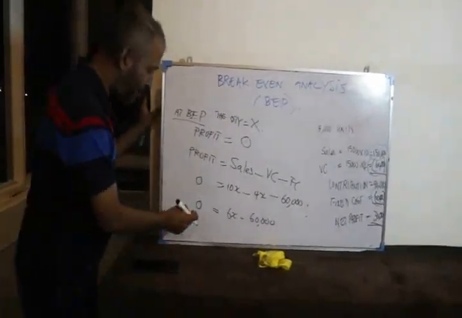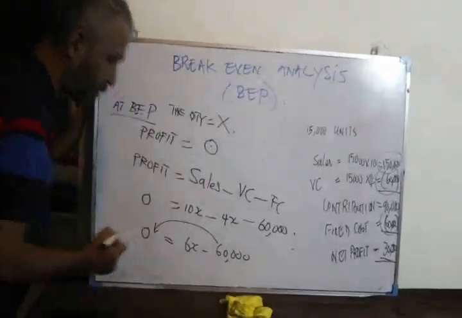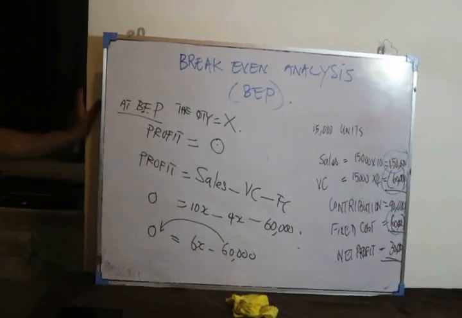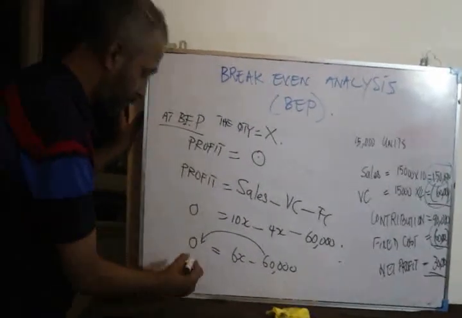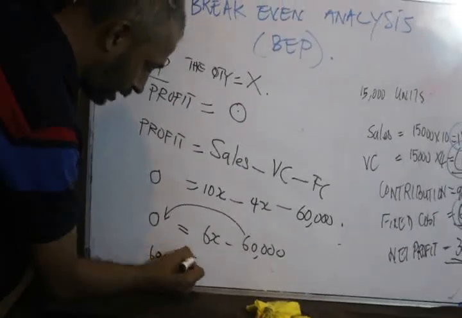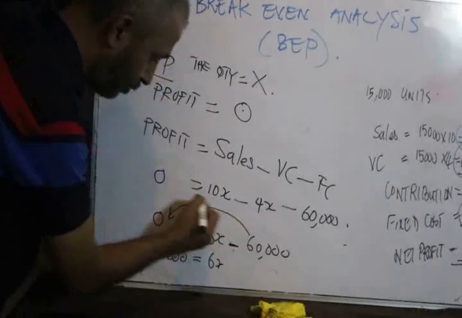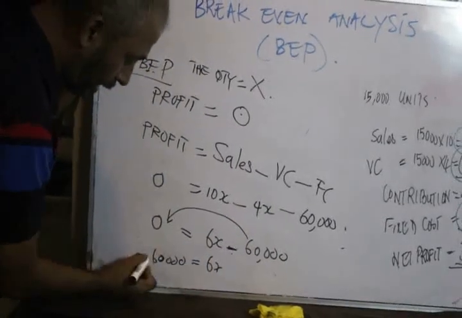So if I apply the mathematical rule and I move the 60,000 to this side, 60,000 is equal to 6x. You see the sign minus here, when I move it to this side of the formula, that will become plus.